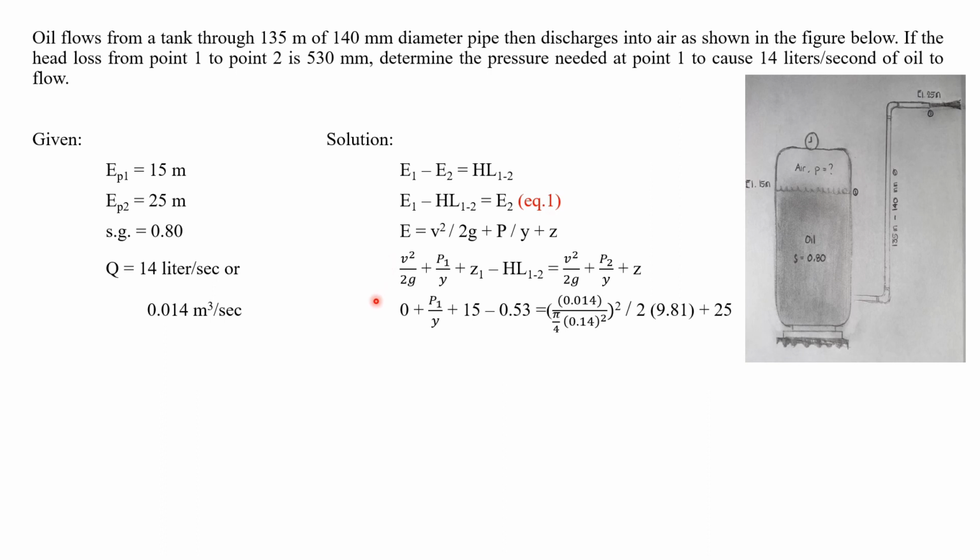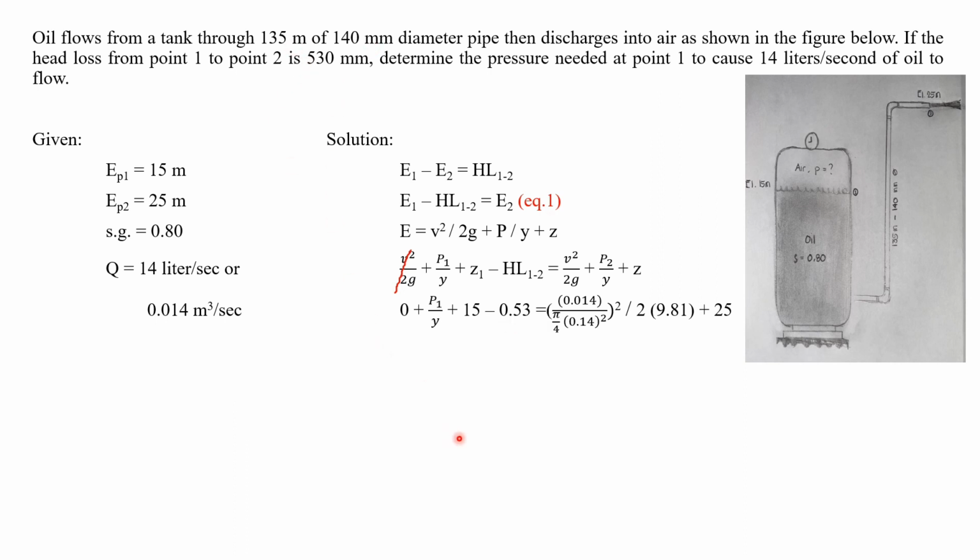Since we now have our formula, let us start solving the problem. We are asked to solve for the pressure at point 1. Since this is a tank, our velocity would be 0. Thus, this part would equal 0. In this problem, the head loss is given with a value of 530 millimeters or 0.53 meter.